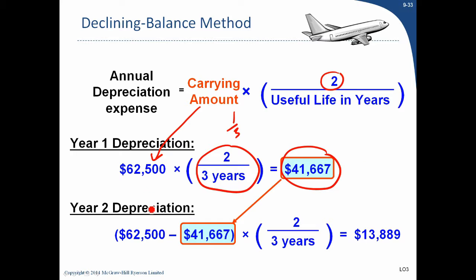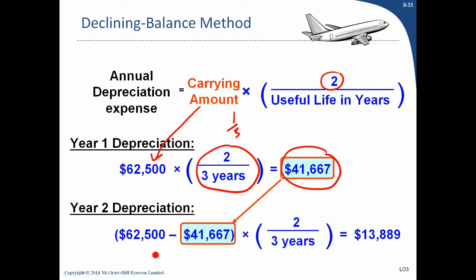How does year 2 look? Well, year 2 is a bit more complicated. We can't simply depreciate this asset by 41,667 every year, because by the middle of year 2, we won't have anything left. We're over depreciating it. So what we do is we say, what's the remaining amount to be depreciated? We've already depreciated 41,667.